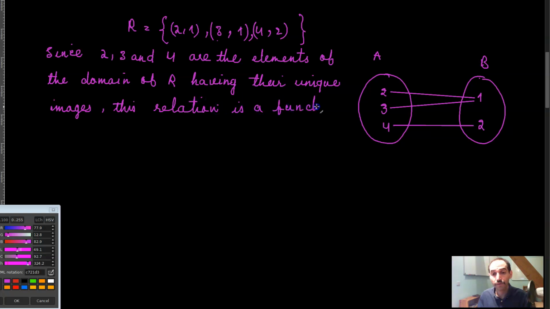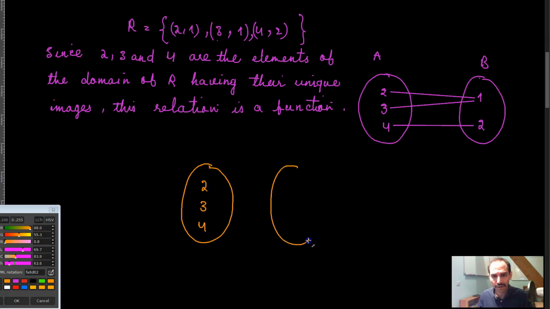Now, I'm going to create some other situation here. Suppose you have the same elements 2, 3, and 4 here, and some elements 1 and 2, and 2 has been mapped to these two elements, right?